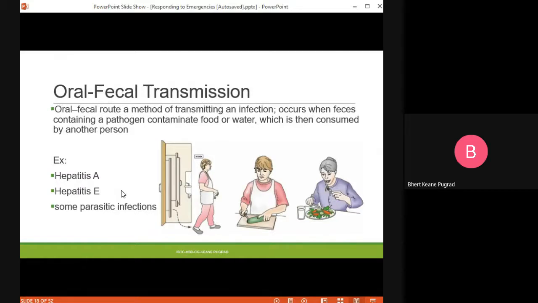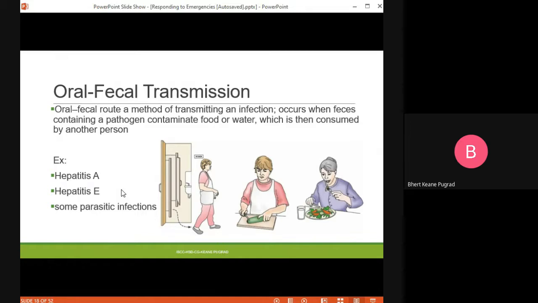Next, you have your oral fecal transmission. So your oral fecal transmission is a method of transmitting an infection that occurs when a feces containing pathogen contaminate the food or water and it is then consumed by another person. Like for example, nagpunta ka sa CR, okay?